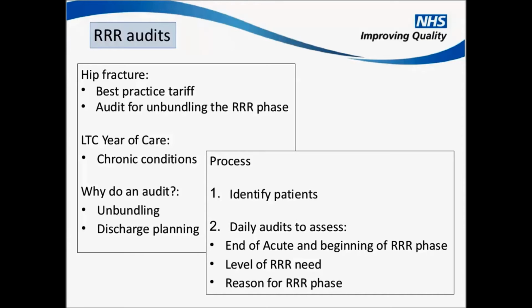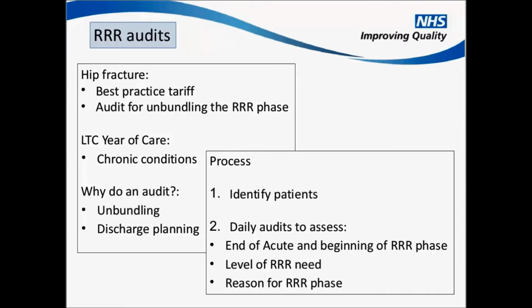The second point was to understand the level of RRR need for each patient. So make an assessment of whether that patient is likely to have high needs or low RRR needs when they were medically fit for discharge. There was a lot of discussion about what was high and what was low, and that was one of the major discussion points, and each came up with their own local definition about the level of need.